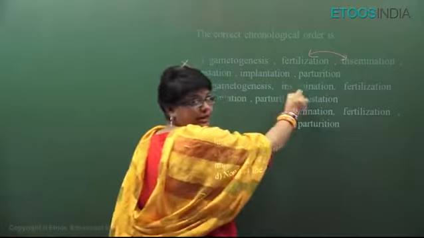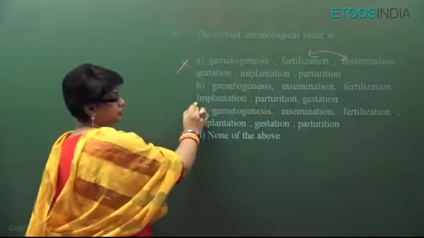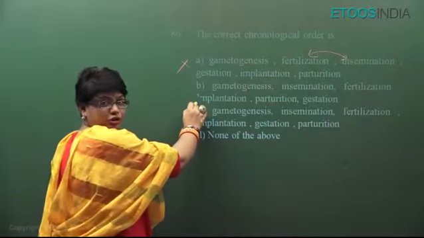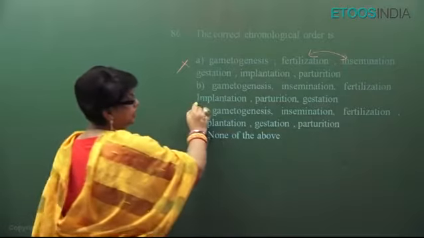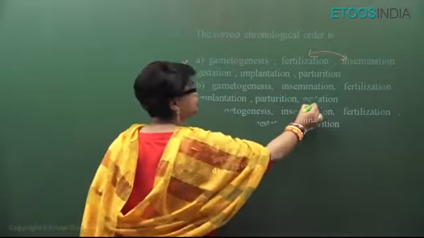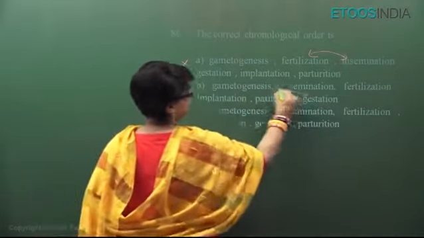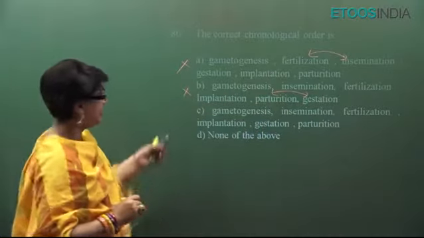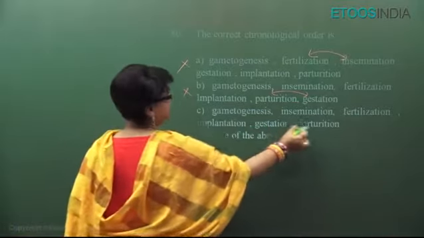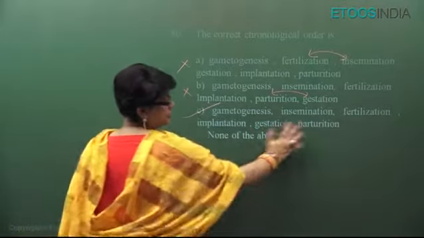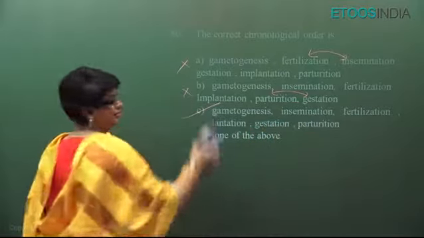Gametes will be formed, insemination, then they will fertilize, then implantation of the blastocyst will happen, then childbirth and then pregnancy. No. This is wrong. Correct: this, then implantation, then pregnancy 9 months and then delivery. This is the correct order. Answer is option C.